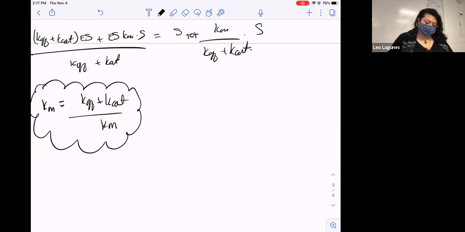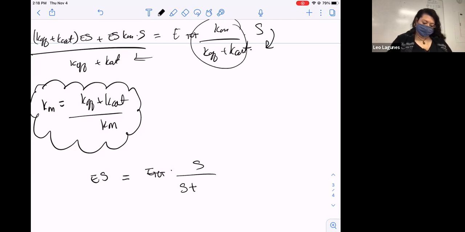And on the left-hand side, what we end up getting is ES is going to be the, oh sorry, this is E, the total enzyme times, and then if we do the inverse of that, and after combining with the terms on this end, we're going to get S over S plus, and then the inverse of that, which would be Km.